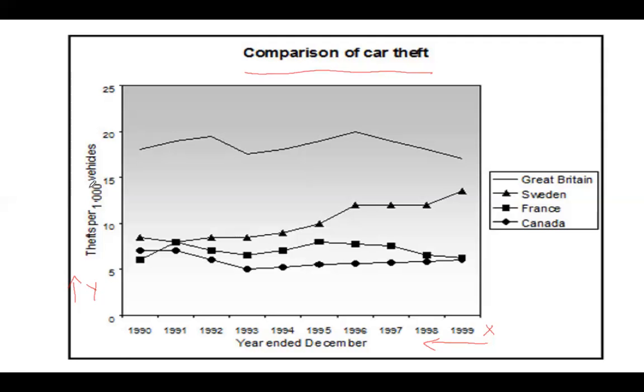The y-axis is telling us the amount of thefts per 1,000 vehicles. You can look at the key here, and each line represents a different country. So we have Great Britain, Sweden, France, and Canada.